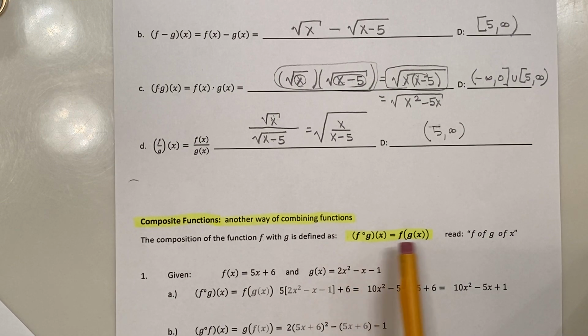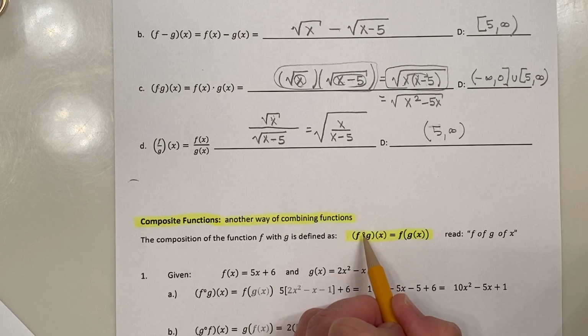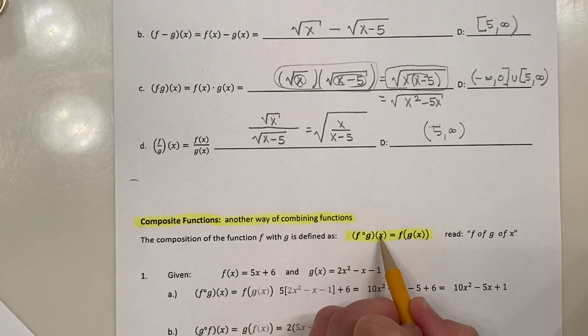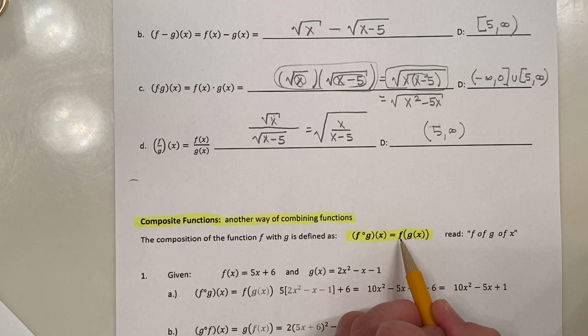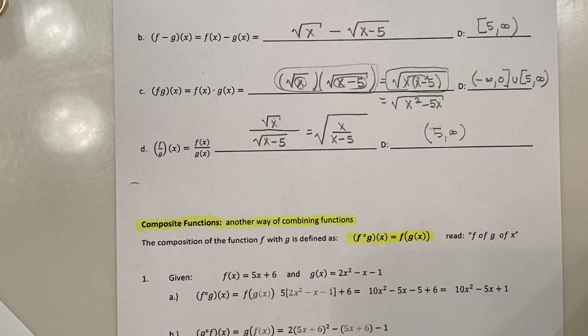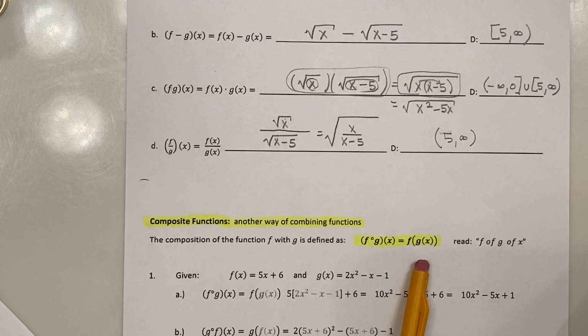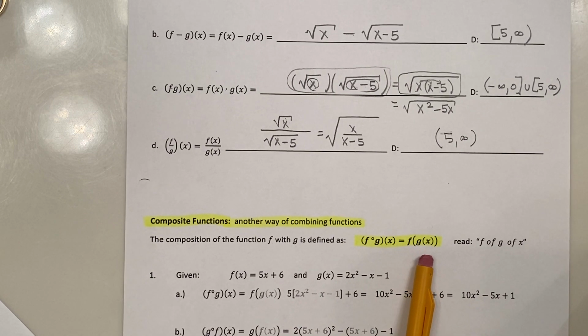All right, so this is alternate notation. This little circle right here means f composed with g, and they're both equations that have x in them. Or I can write this what we call nested set of parentheses, and this is read as f of g of x. Okay, so what do we do when we see this notation? It doesn't mean to add, subtract, multiply, or divide.